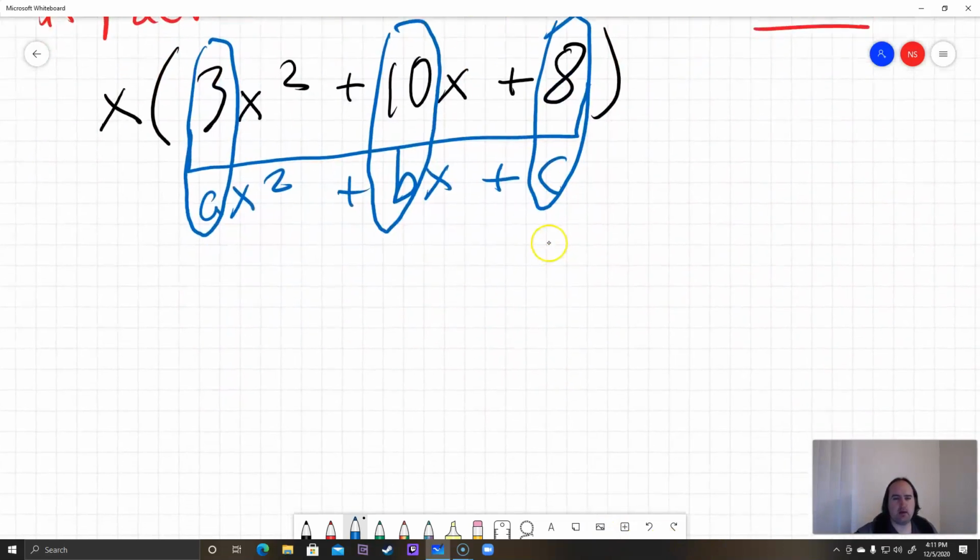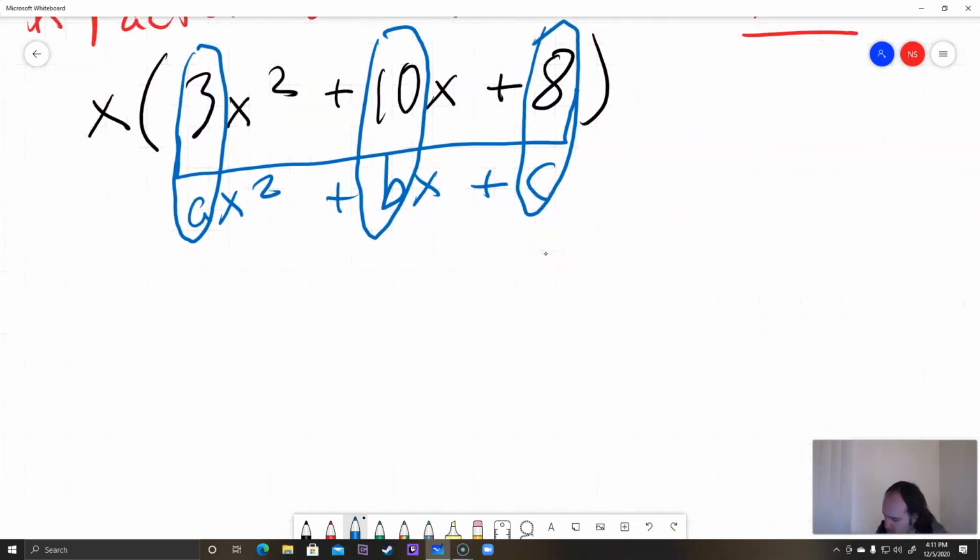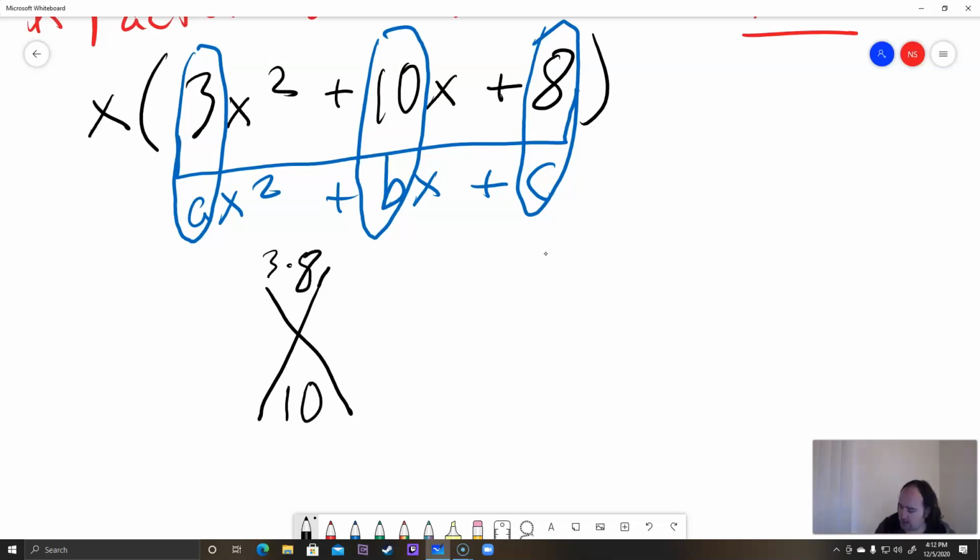Okay, so using the x method, on the top of our x we're going to have a times c, which is going to be 3 times 8, and then on the bottom of our x we have b, which is 10. And then we know that 3 times 8 is 24, so on the top of our x we just have 24.